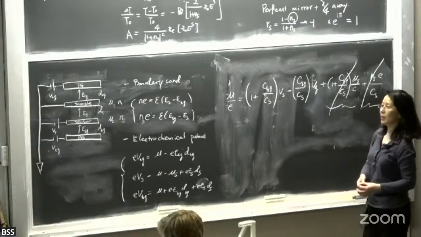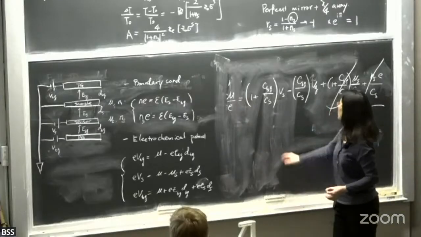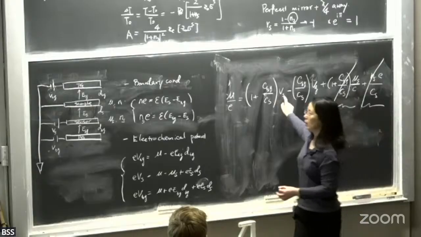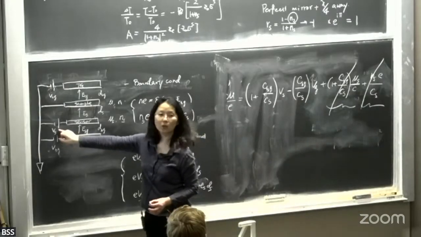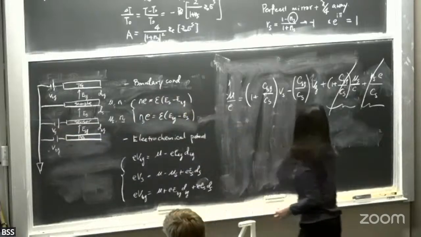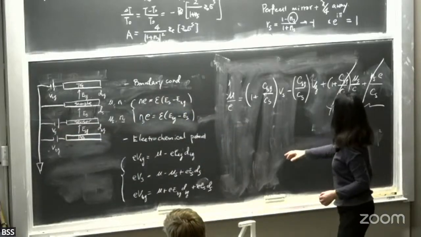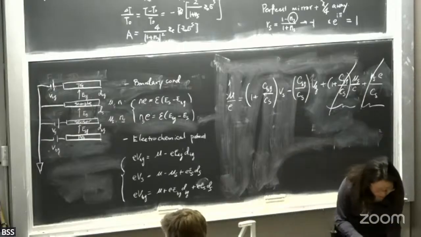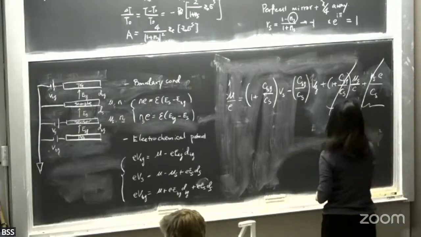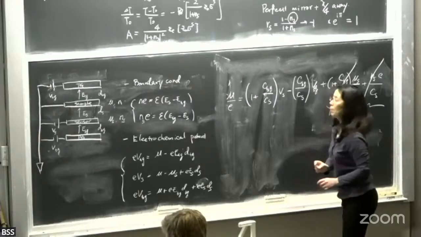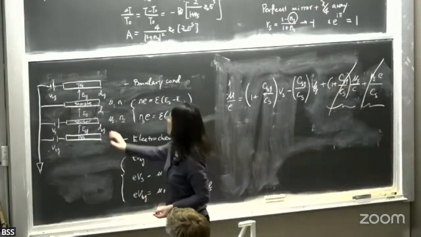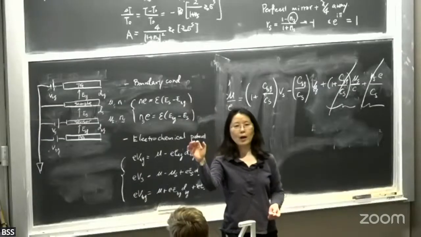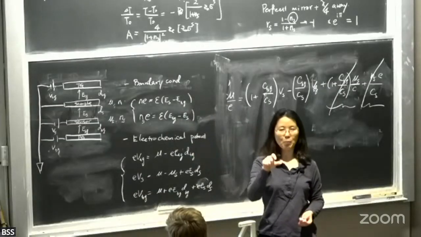So the bottom line now is that chemical potential is determined by this sensor voltage Vs, and also the backgate voltage you need to apply in order to put the sensor back at the set point.